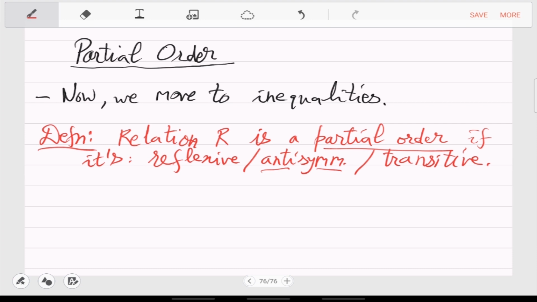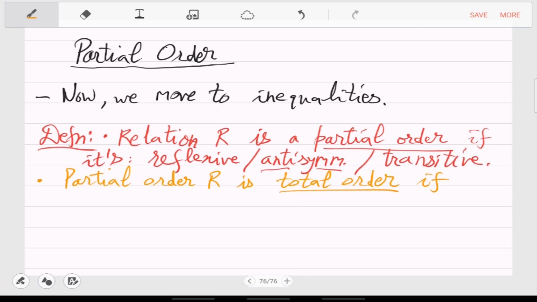So if there is a way to compare any two elements, it's called total order. A partial order R is called total order if for every pair of elements in the domain, which we are assuming to be S, like before, either ST is in R or TS is.